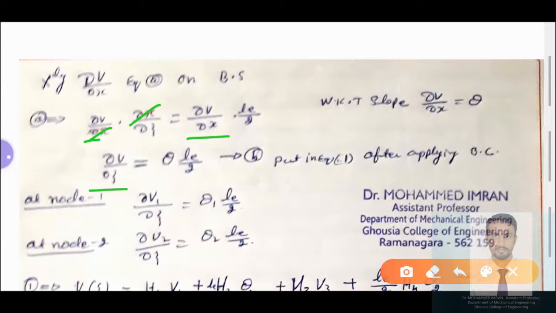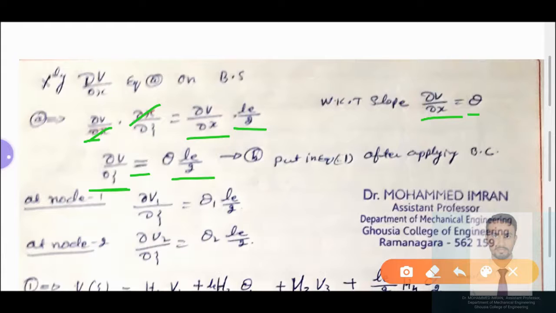Similarly, we have multiplied on the right hand side dou v by dou x by Le by 2. That Le by 2 we have taken as it is, and dou v by dou x is nothing but the rotation which occurs in a beam element, represented by theta. Then dou v by dou zeta is equal to theta into Le by 2.